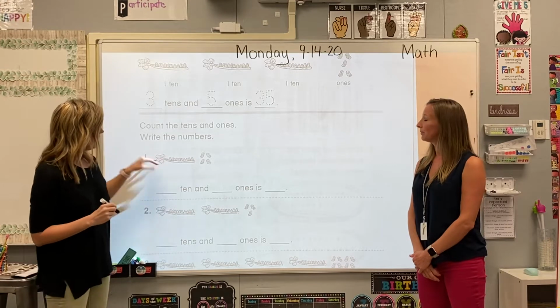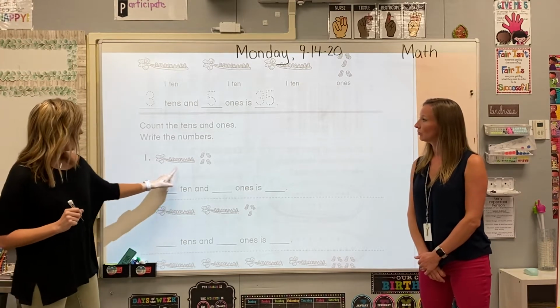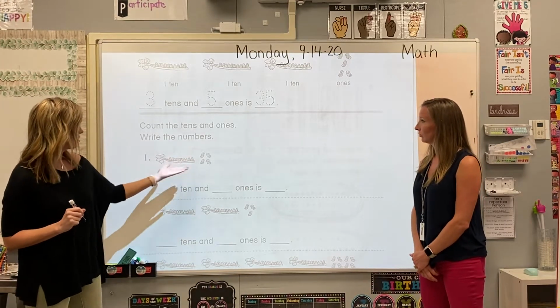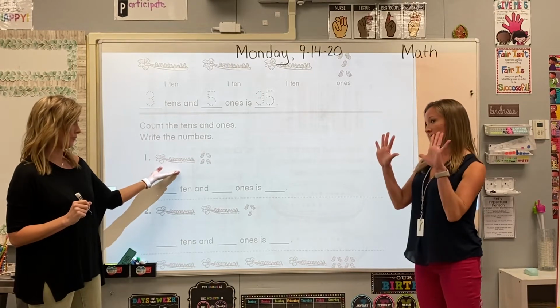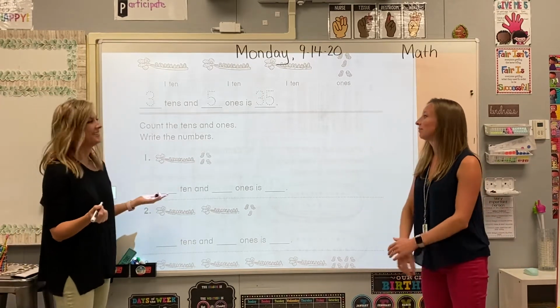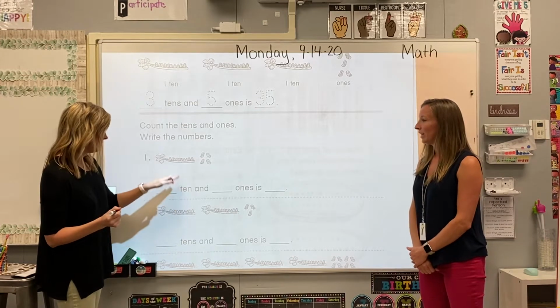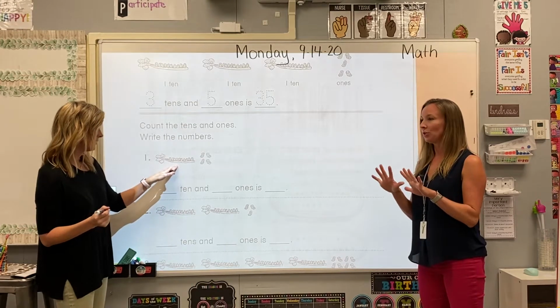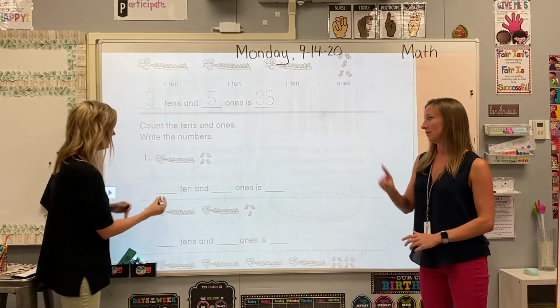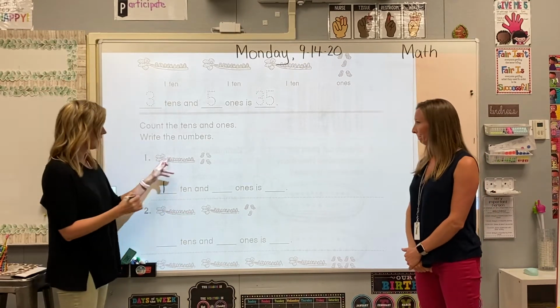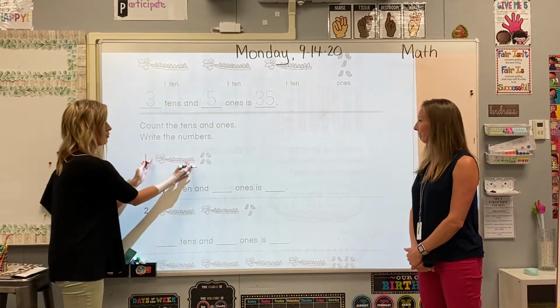Let's look at number 1. I see 1 celery stalk, which stands for one group of 10, right? 10 raisins on 1 stalk. So how many tens do I have, Miss Marquardt? Well, I know it's 10 raisins, but that's really just one group of 10. One group of 10. Very good. I was not counting individual raisins, just the group of 10.